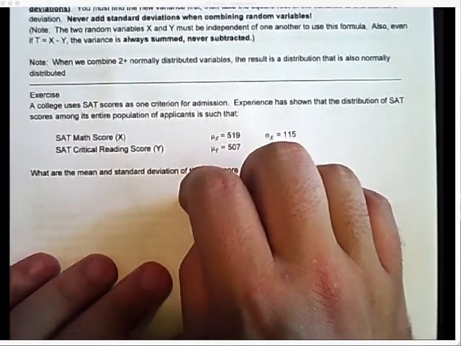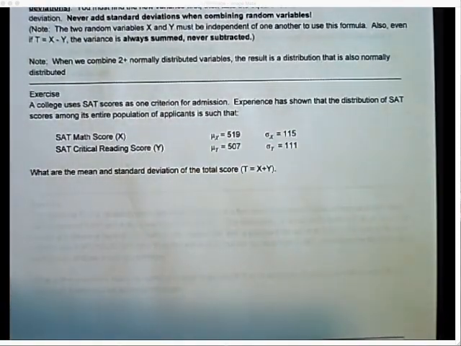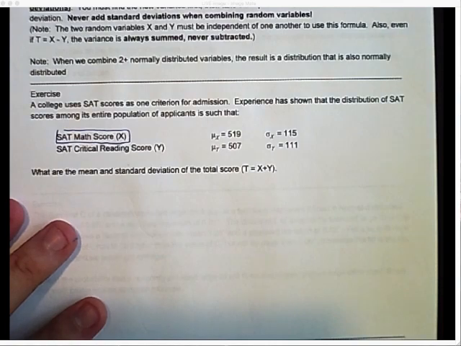Okay, so let's look at this exercise. It says a college uses SAT scores as one criterion for admission. Experience has shown that the distribution of SAT scores among its entire population of applicants is such that, all right, we have some information about math, which they're calling the random variable x.